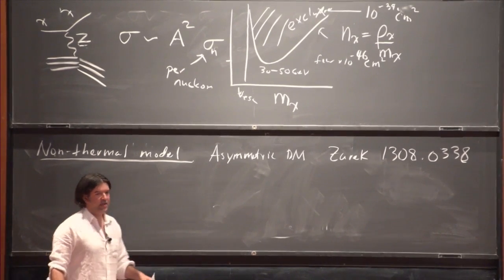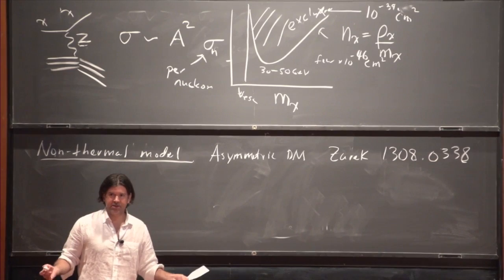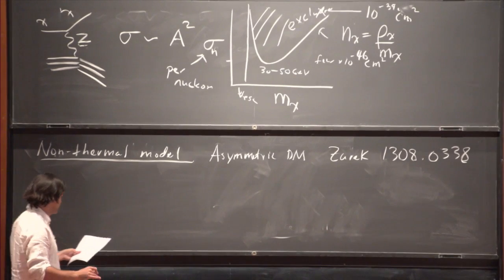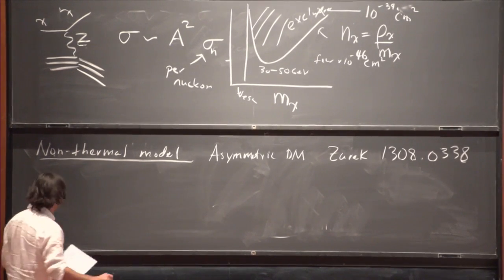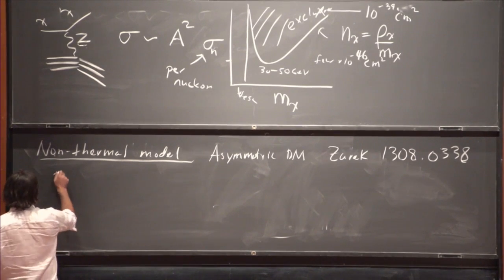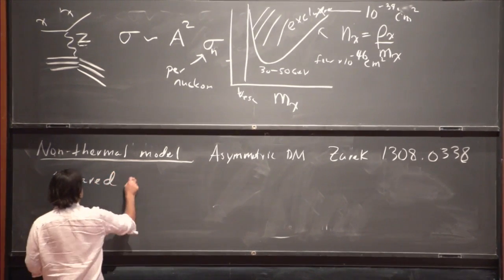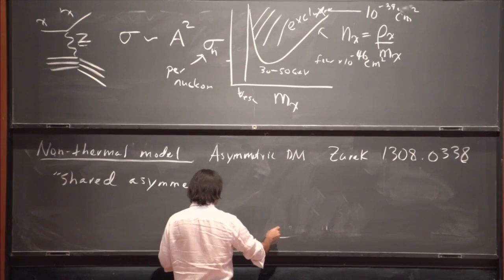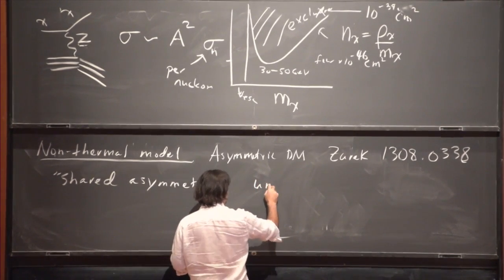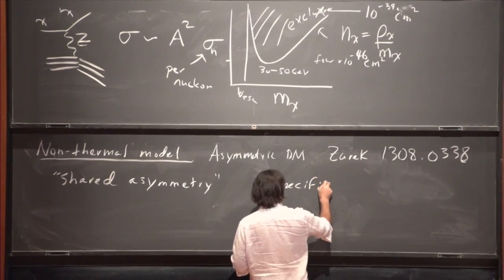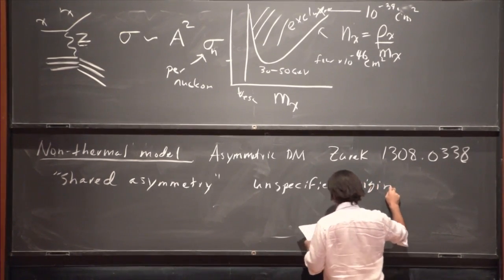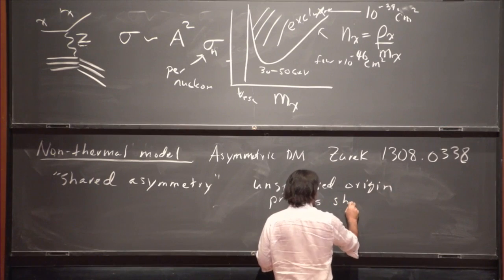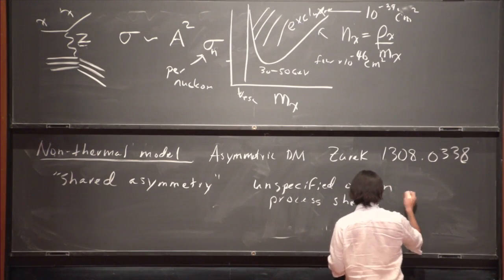And the most exciting models of this are the models where that asymmetry of dark matter is somehow connected to the fact that we have a baryon asymmetry in the universe. And so there's two basic approaches. There's something called a shared asymmetry, which is, at least for our purposes, an unspecified origin, and then some process shares the dark matter number.